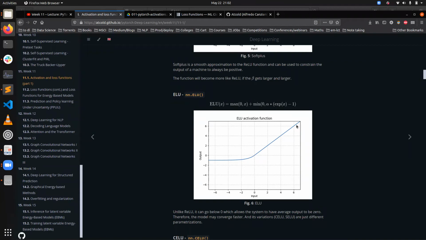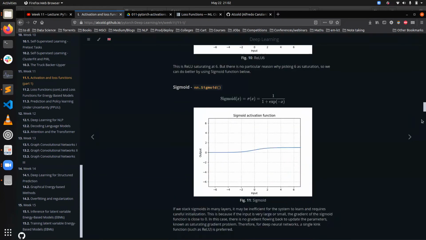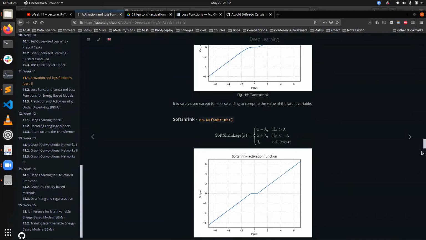But if you divide it by 100, then it sees something like a smooth curve. So the behavior of the activation function depends on the scale of your signal. I think that's what he says.